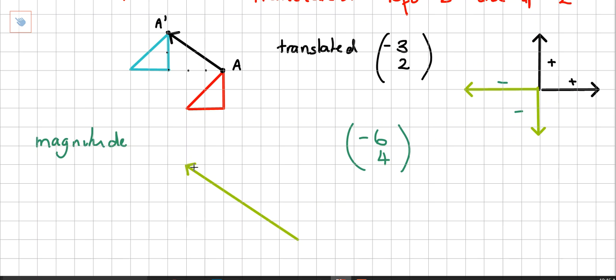I say physics because it's really obvious there. Speed and velocity are different because speed is a scalar quantity, but velocity is a vector quantity. Speed is always positive, yeah? Velocity, however, can be negative.